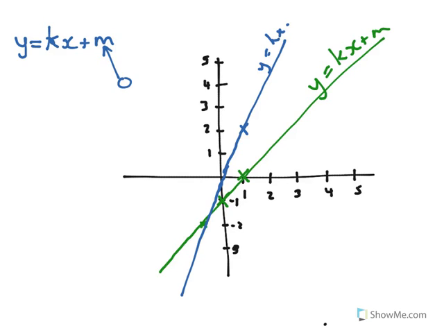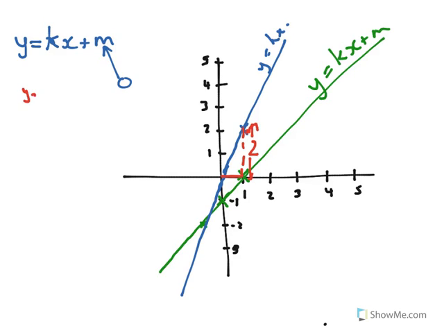So the next thing we need to do is work out the gradient of the line. We drop down our perpendicular points from a good point to use, because I can see that the difference in x and y between these 2 points, 2 minus 0, gives me the distance 2.